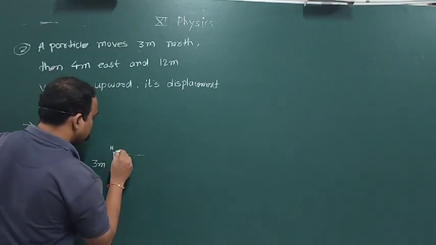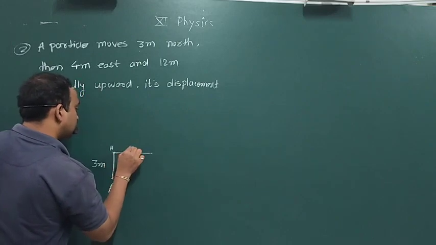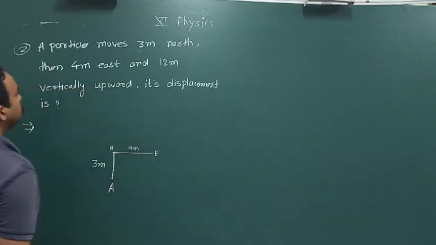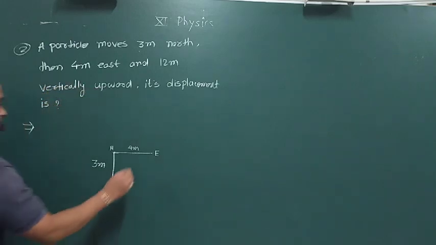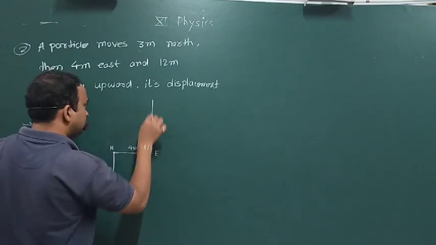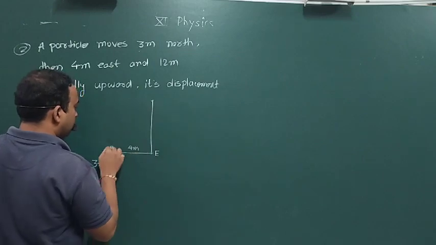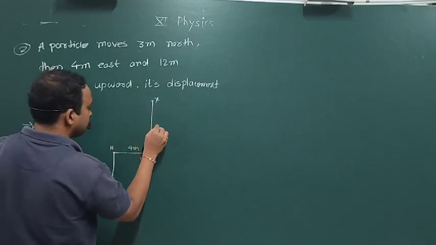Then 4 meter east. Then the particle moves 4 meter east, and 12 meter vertically upward. That means the particle moves 12 meter vertically upward. Suppose we want to call this point x.